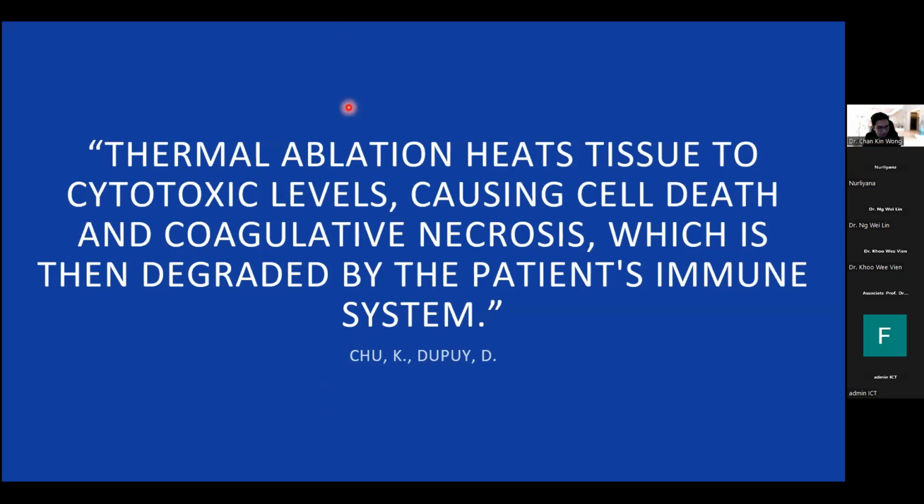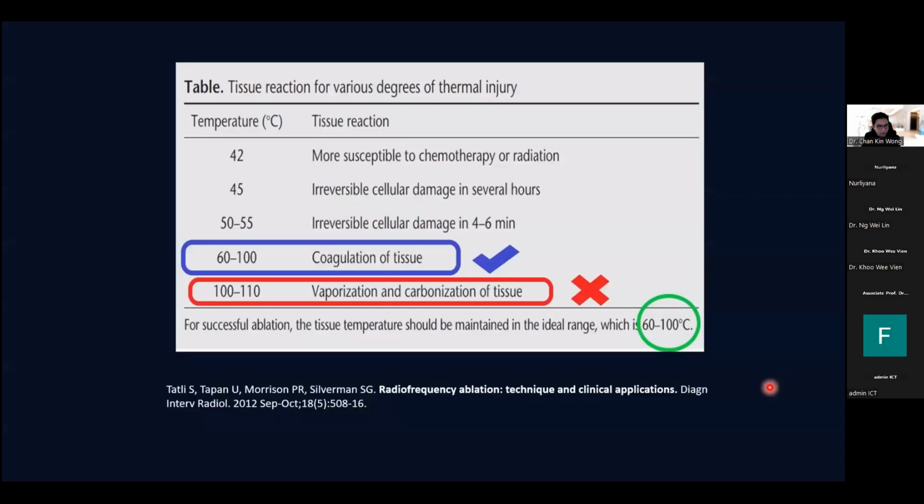For our RFA, the temperature we aim for is between 60 to 100 degrees, which is where you get coagulation of tissue. Anything higher than that causes vaporization and carbonization, and when this happens, the ablation would not be effective.